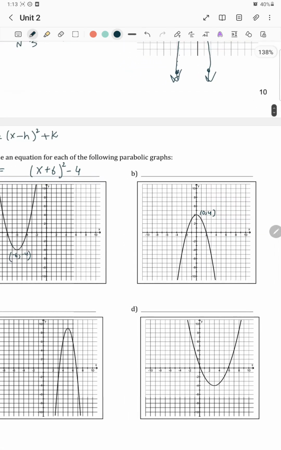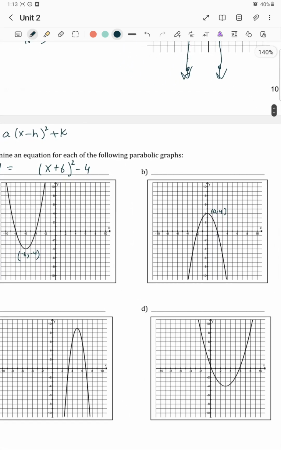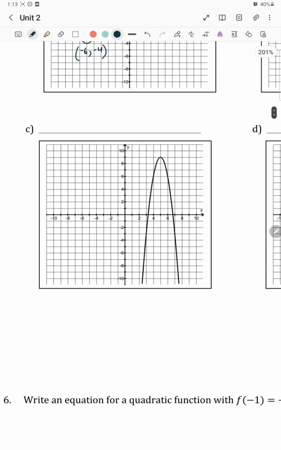So y is equal to... a means downward, so negative. (x minus 0) whole squared is equal to x squared minus 4 plus 4. Downwards is going to be negative. (x minus 5) whole squared plus 9, and it's narrower.